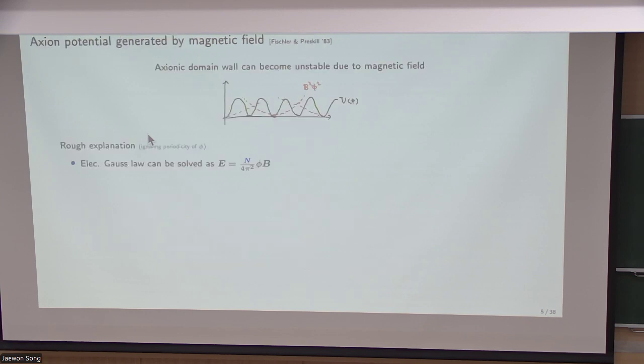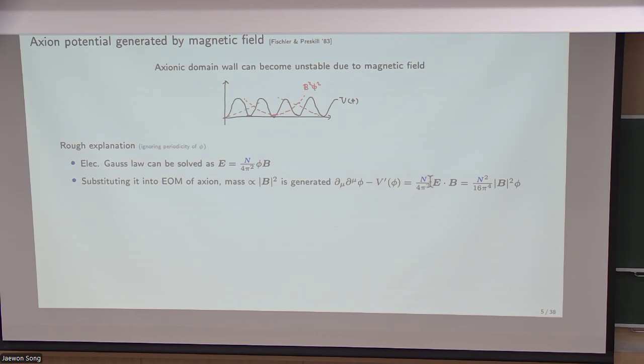This is because the axion potential is generated by the magnetic field, and the axionic domain wall can become unstable due to the magnetic field. So a rough explanation is as follows. The previous electric Gauss law can be solved like this, and substituting this solution into the equation of motion of the axion, which can be explicitly written by this, we have the axion mass generated by the magnetic field.